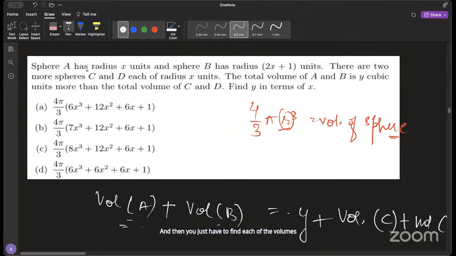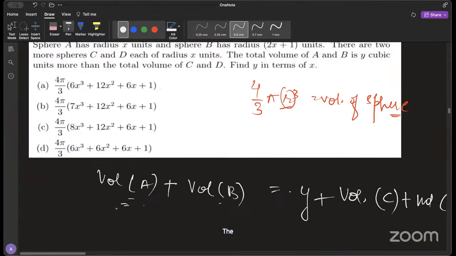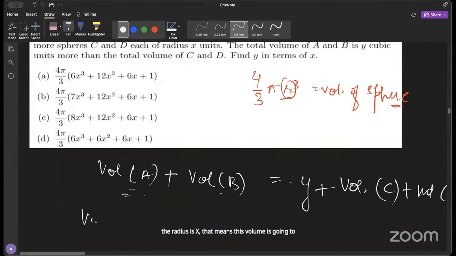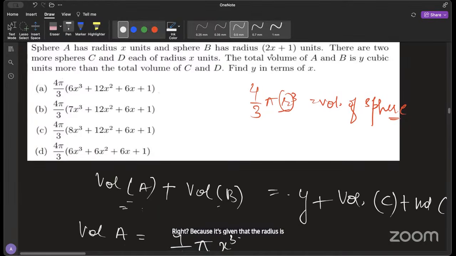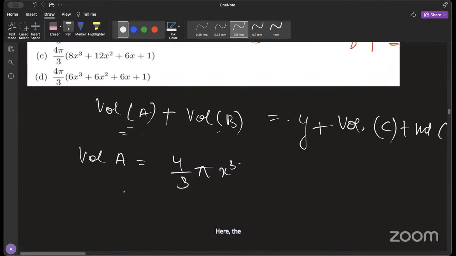So volume of sphere A, the radius is x. That means this volume is going to be as per this formula. If the radius is r, you have 4 by 3 pi r cube. If it's x, then the volume should be 4 by 3 pi x cube, right? Because it's given that the radius is x. Here the radius is 2x plus 1.